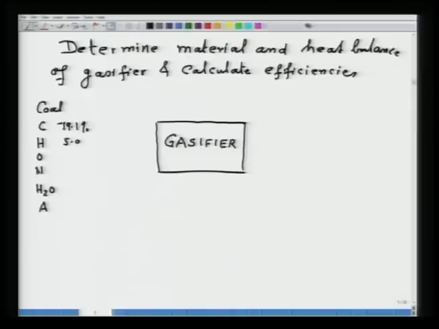Hydrogen 5.0%, oxygen 6.4%, nitrogen 1.7%, H2O 1.7% and ash is 6.1%. Since heat balance is needed, you are supplying it at temperature T equal to 25 degrees Celsius.